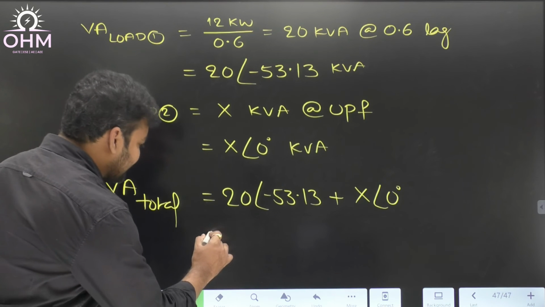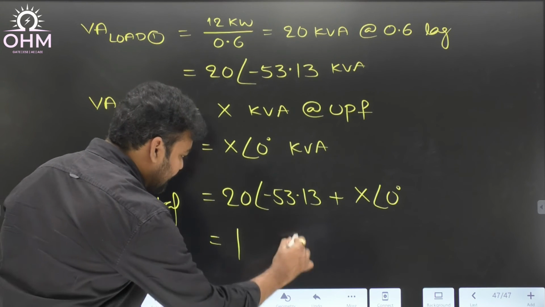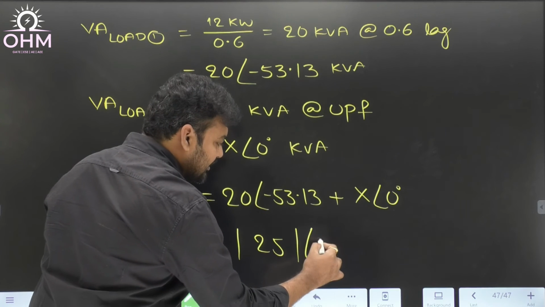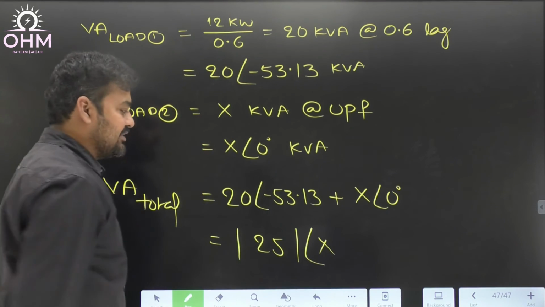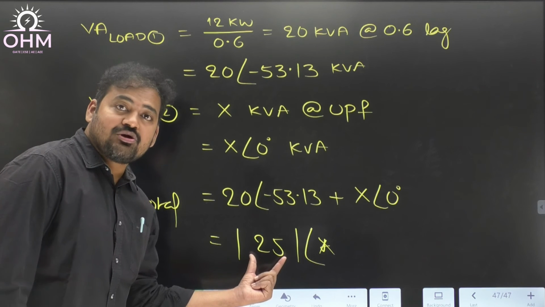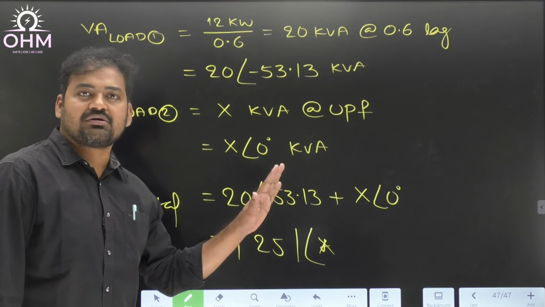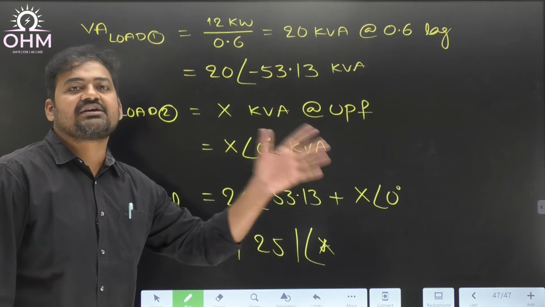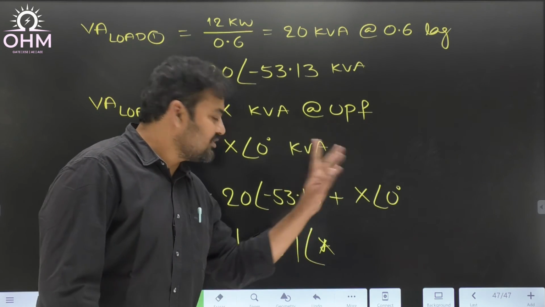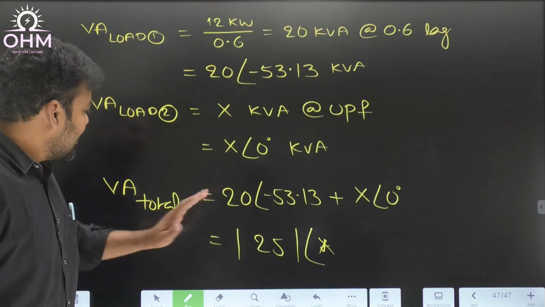If I add both of them, I should get the magnitude 25. I don't bother about the angle, okay? This angle is not required for me. I need the magnitude. If I add both of them, the magnitude should not exceed 25 kVA. That is, the overall load does not exceed the transformer rating. Power factor, I am not bothering about it, okay? That depends upon the angle that we are going to get.